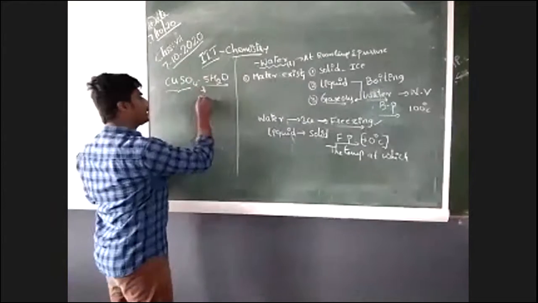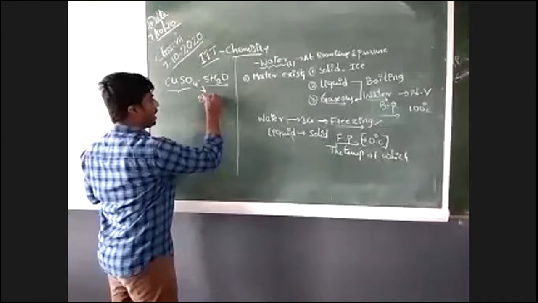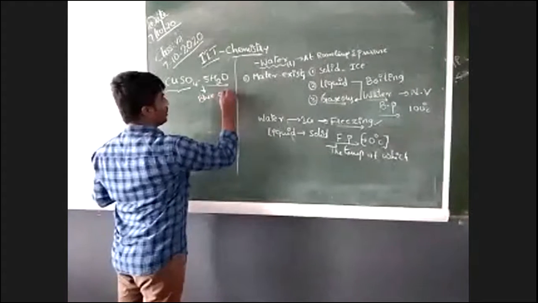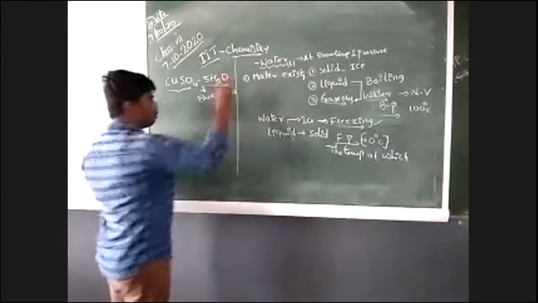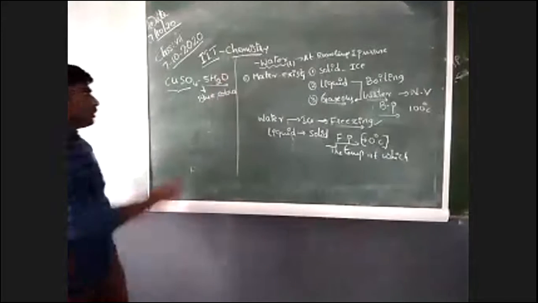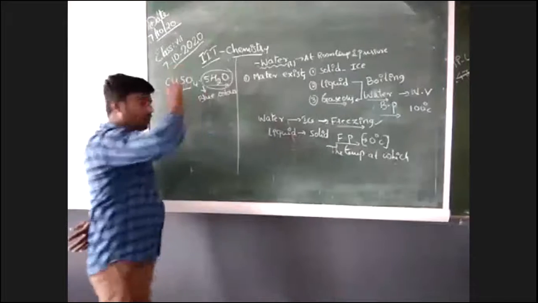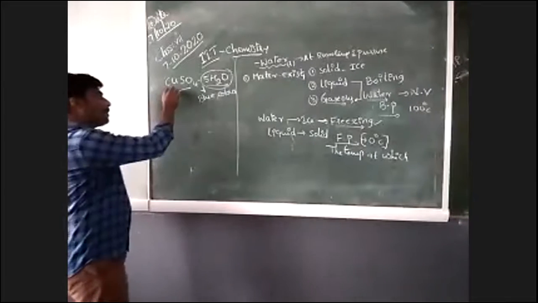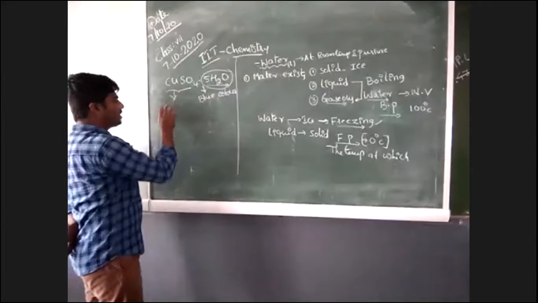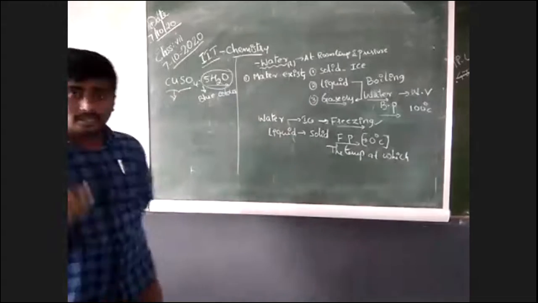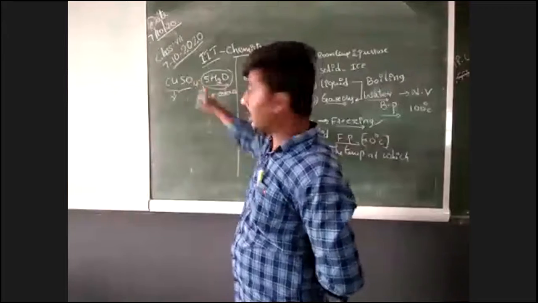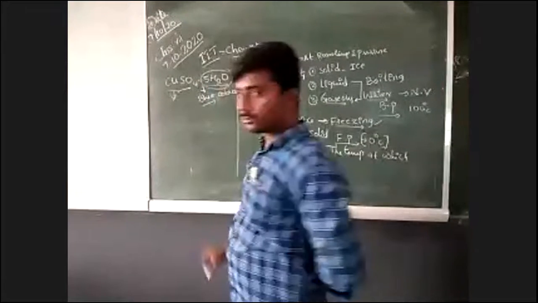So remember, write in your notebook: copper sulfate 5H2O is blue in color. If there is no water molecule, copper sulfate is white, meaning no color. Is it clear, everyone? When copper sulfate has 5 molecules of water, its color is blue.